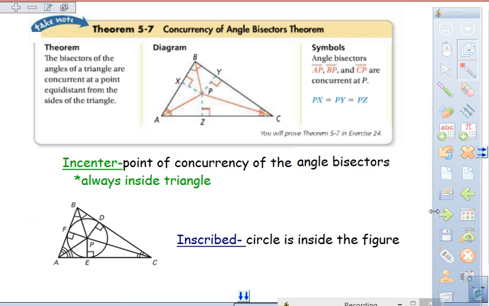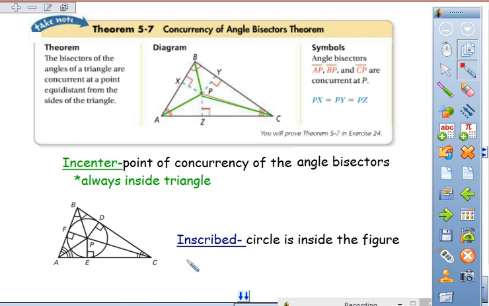Our next point of concurrency is the incenter. The bisectors of the angles of a triangle are concurrent at a point equidistant from the sides of a triangle. So if I draw the angle bisector, and the angle bisector, they meet at a point inside the triangle, and it will always be inside the triangle.